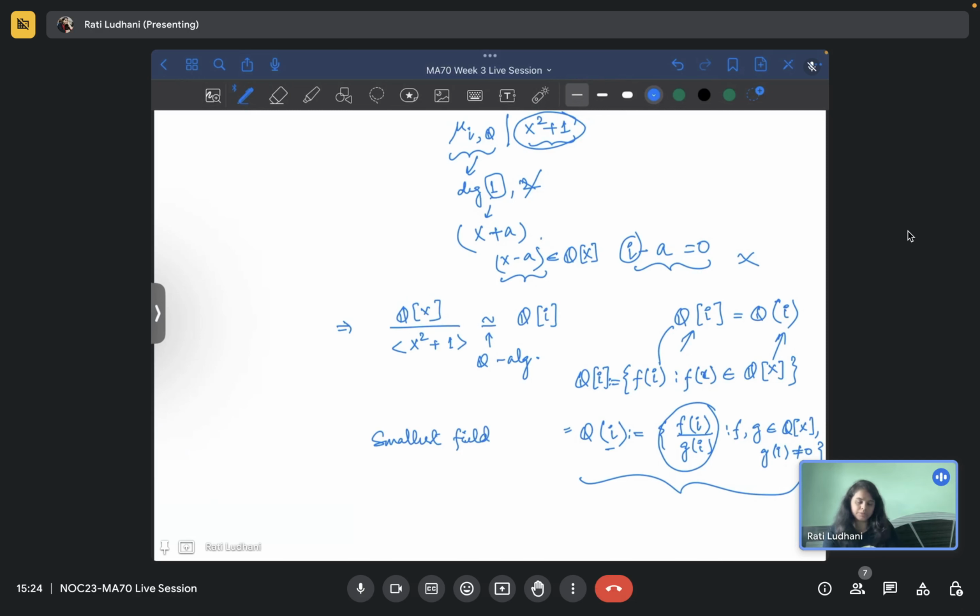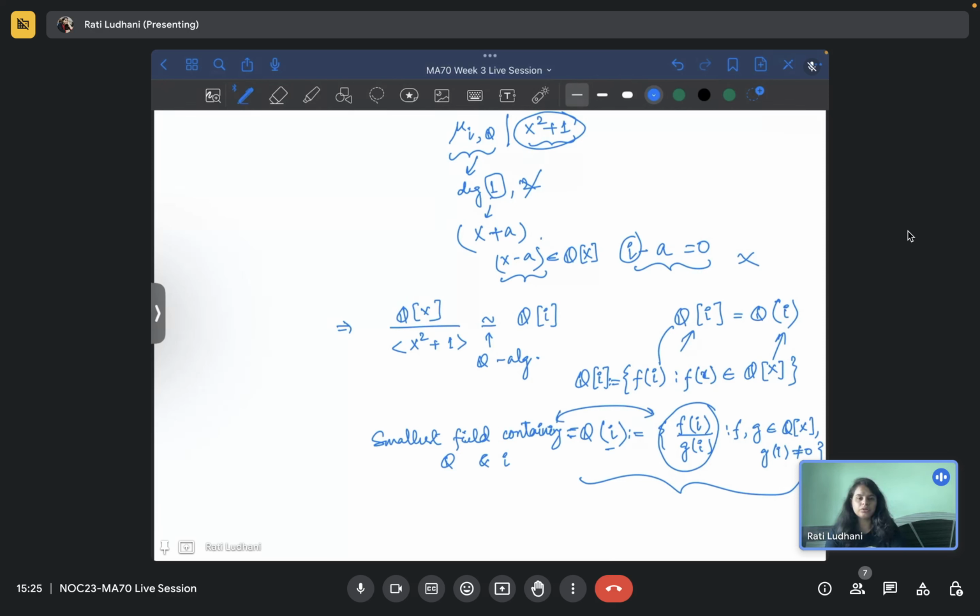So in place of i, you can take any number or any x, or an indeterminate. It is the smallest field containing Q and i. So this is by definition, and you can even prove that these are the same.